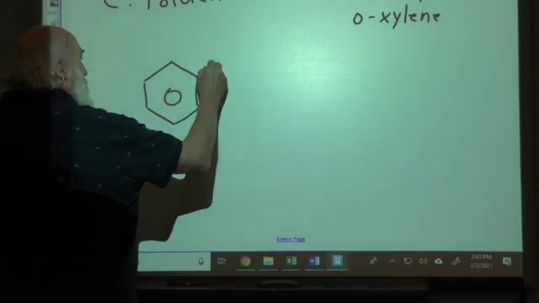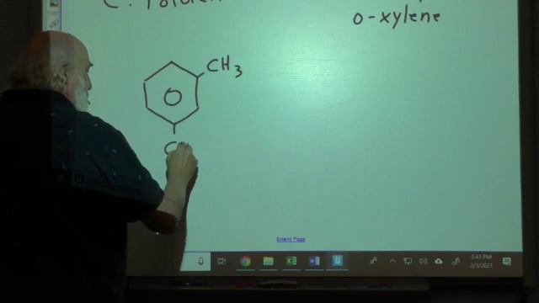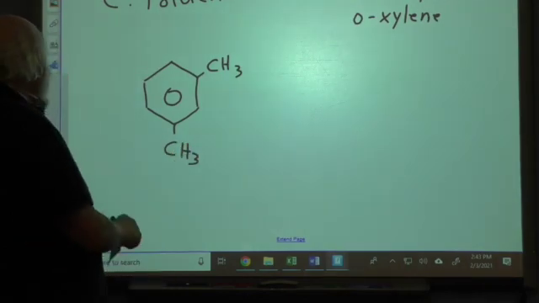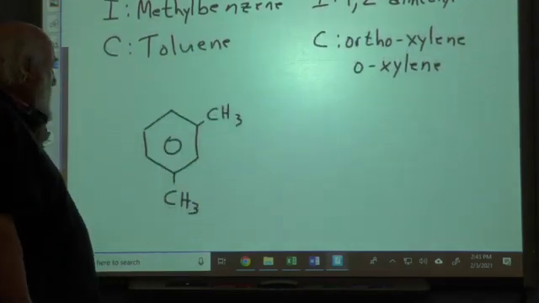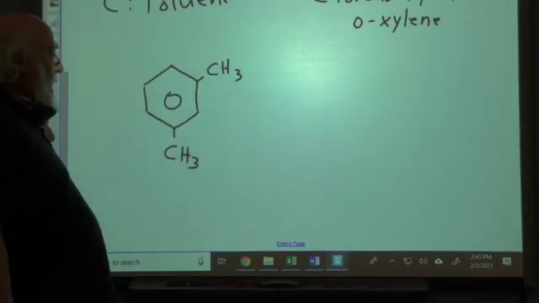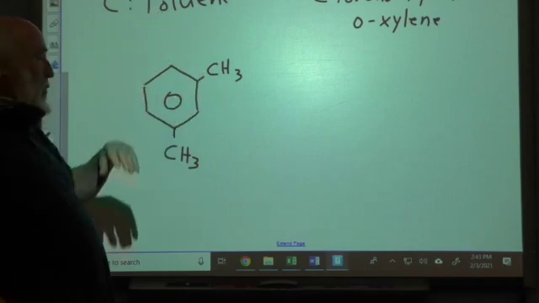Now, let's move one of the methyl groups over here. Now that's no longer the same compound because those methyl groups were right next to each other. These are not. But they're not all the way across, they're just one carbon between them.